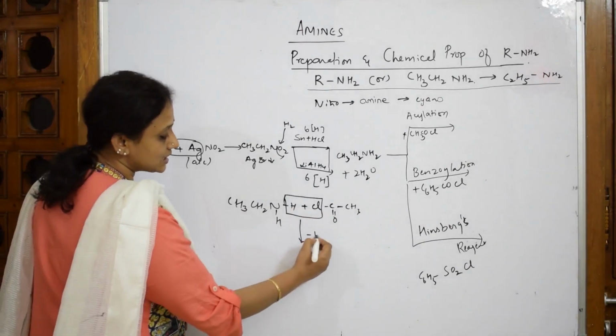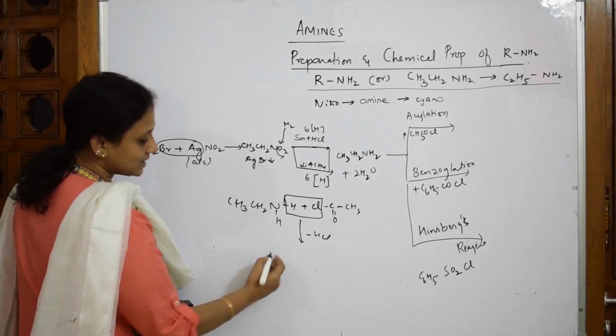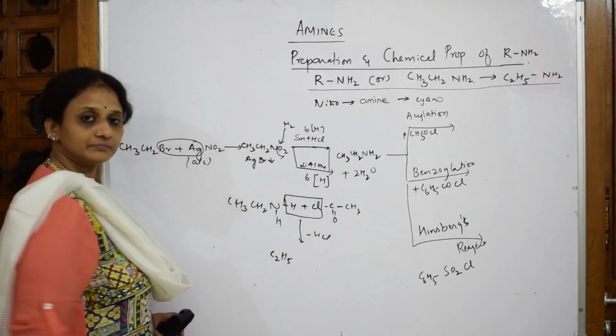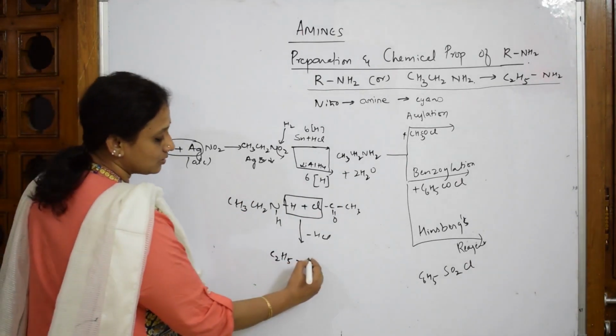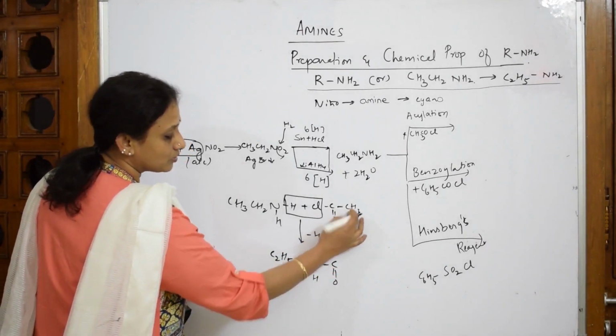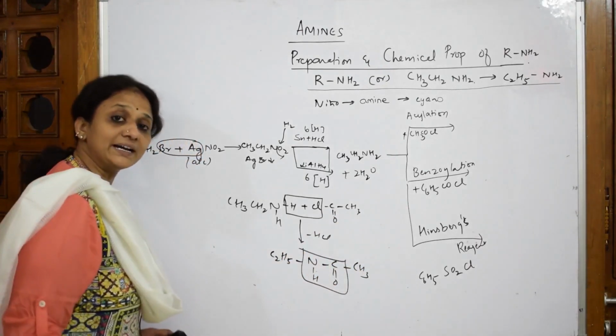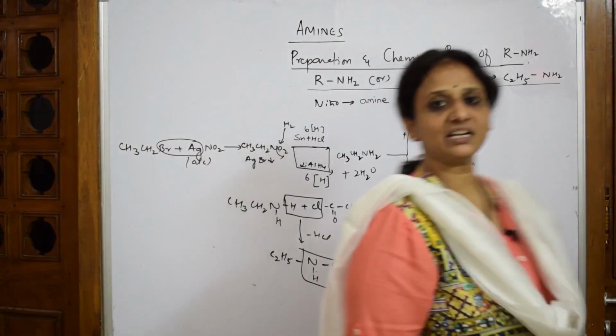Now when HCl is eliminated, this group goes and joins to this group. So I'll write this as C2H5, not a problem, right? So now NH, this is C double bond O, this is CH3. Now what is this compound? This is called amide. Let us write the product and name the compound.